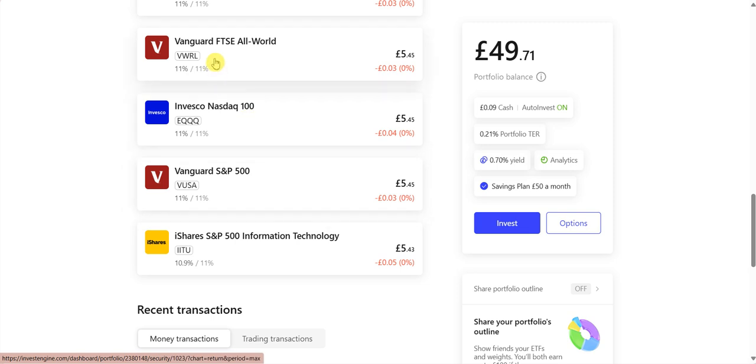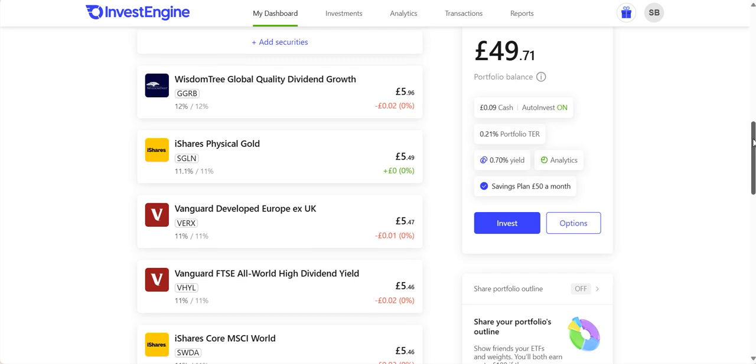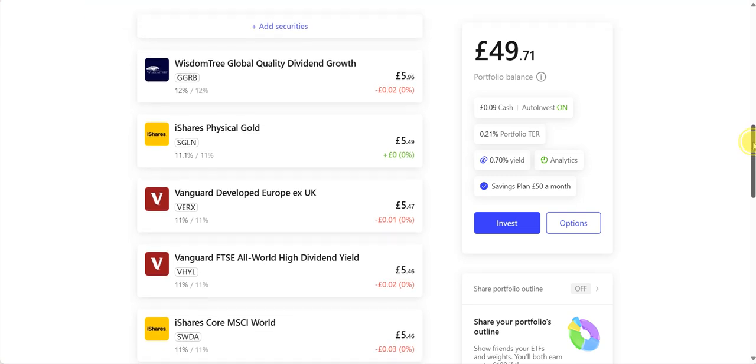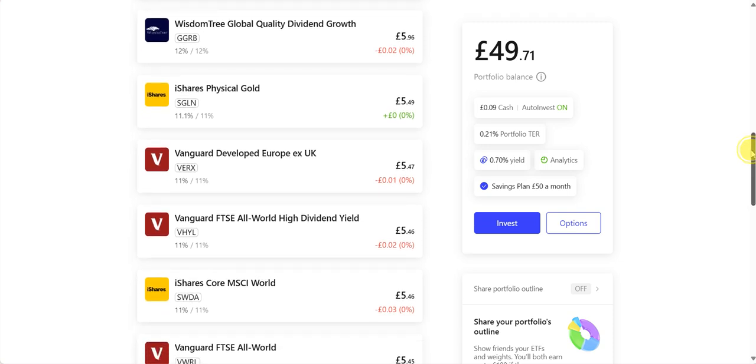Or you could go FTSE All World 50%, S&P 500 50%, or you could go All World 90% and 10% in gold. It's completely up to you, but I've tried to pick the best of a range, so it is still based on growth and it is more diversified.